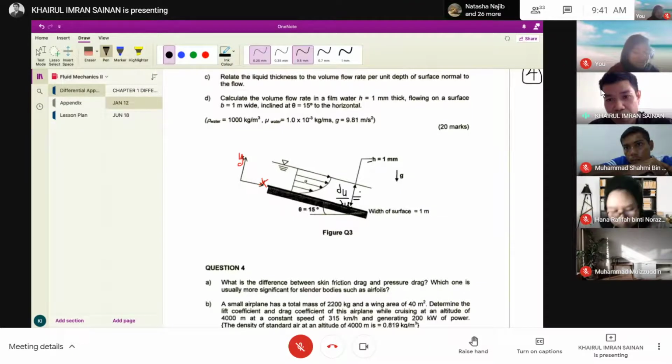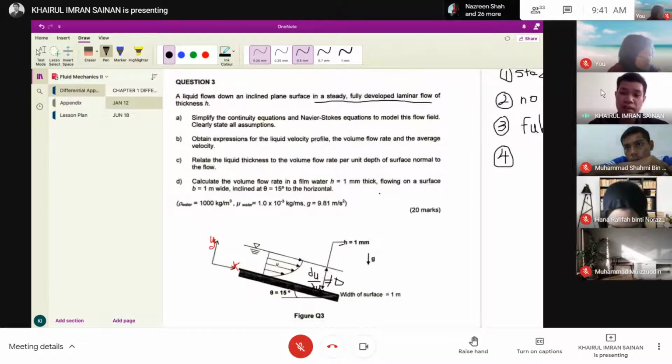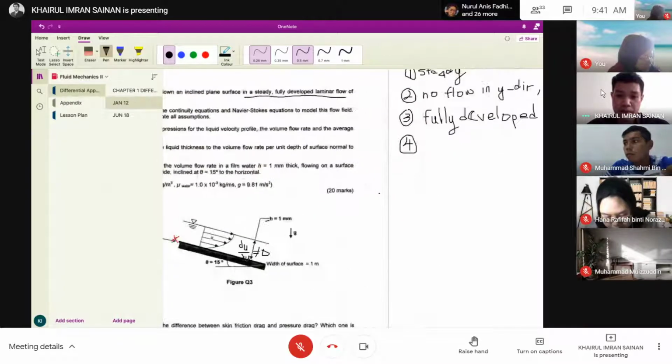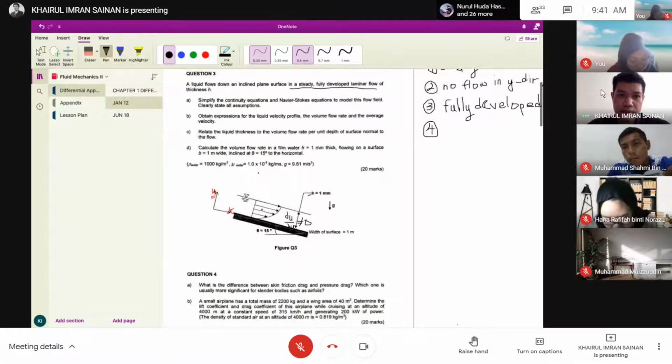Del u over del y is not equals to 0. I try to solve the pen for the next class, if possible. There is change of u towards y. See?